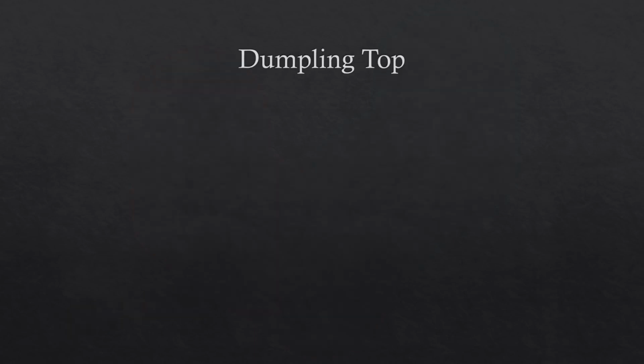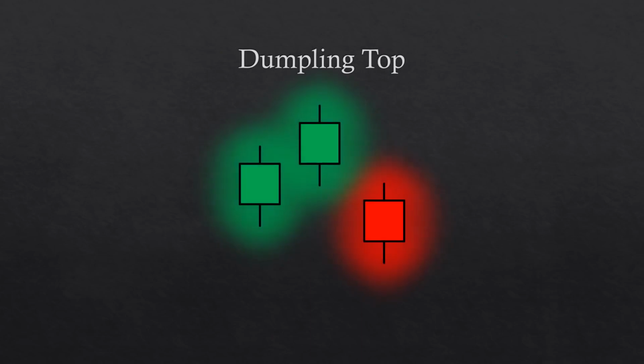Next we have the dumpling top, which is the mirror image of the fry pan bottom. So it's a bearish reversal pattern composed by two small bullish candles followed by a small bearish candle that opens with a considerable gap down. The logical interpretation follows the same simplicity of the fry pan bottom. A sudden change in direction aligned with a gap down means that buying pressure is vanishing away and that selling pressure is now dominant.